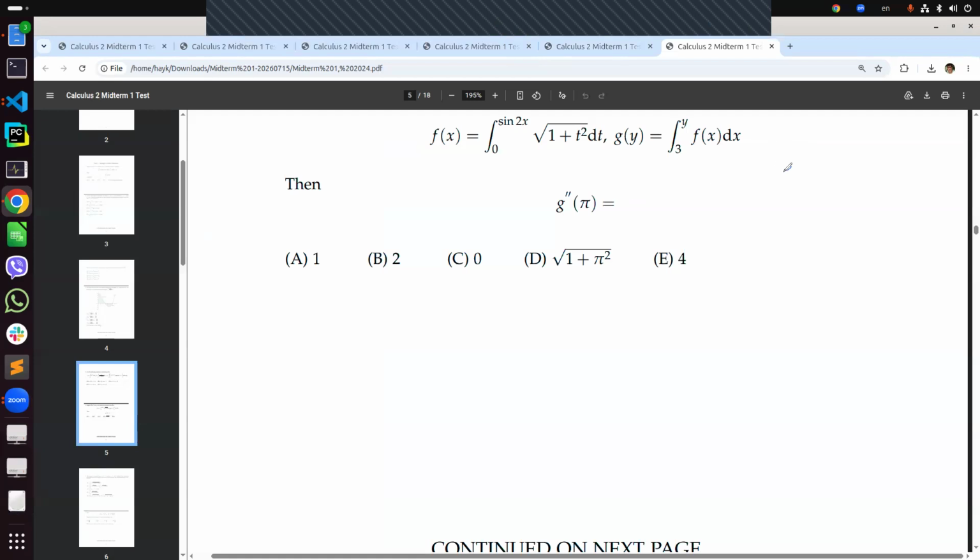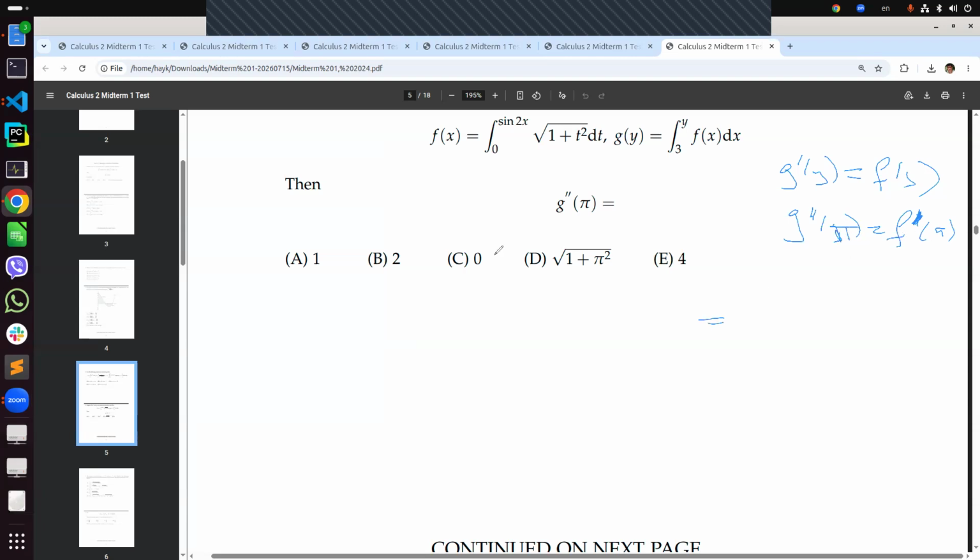What is g prime? The fundamental theorem of calculus says it is f(y). So what is g double prime? It is f prime. We have point pi, so at pi.